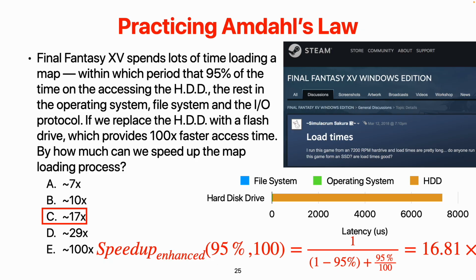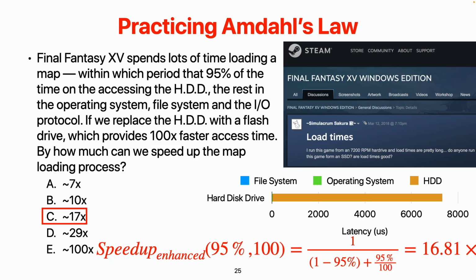But isn't that surprising to you, right? So sometimes people advertise to you that, okay, we can get you 100 times faster compared against a hard disk drive, from the businessman's perspective, right?